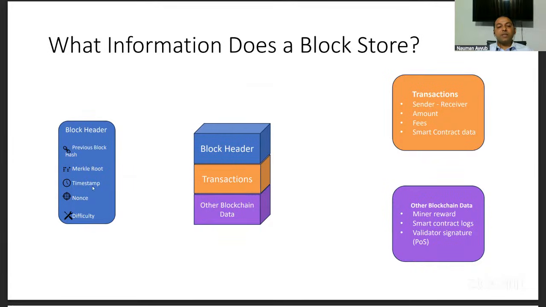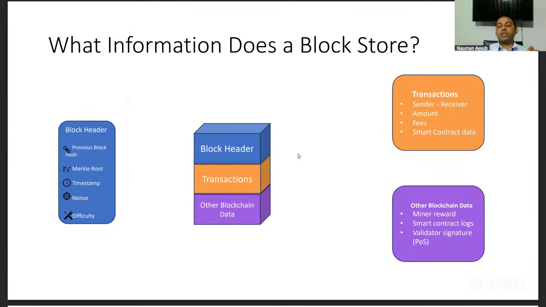Then we have timestamp, nonce, difficulty, and Merkle root. Timestamp is the data of when this block was created. Nonce is a field used by miners to find the hash of the block. Difficulty tells us how difficult it is to create a new block.